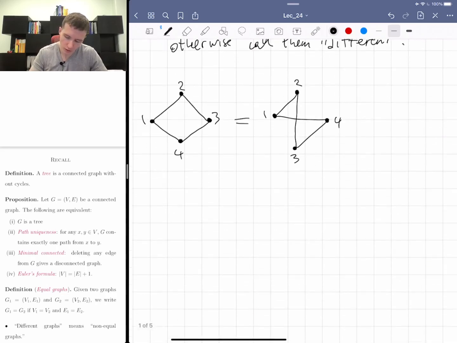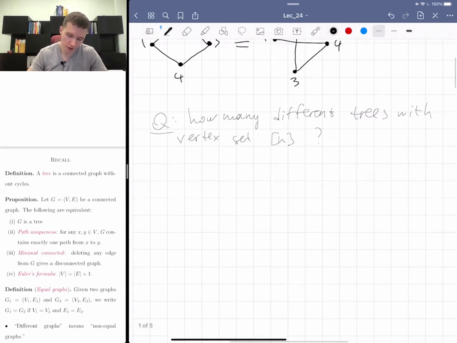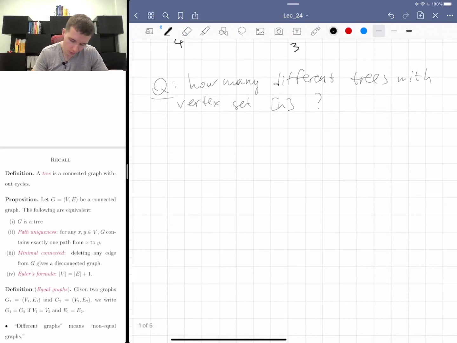So what I'm going to try to do today is count how many different trees there are with vertex set [n]. That's what we tried to do last time. Last time we computed an example for n equals 2. There was one tree which looked like this.